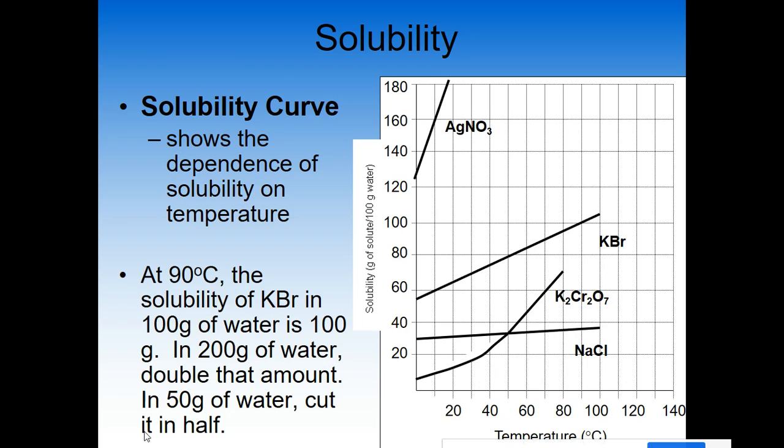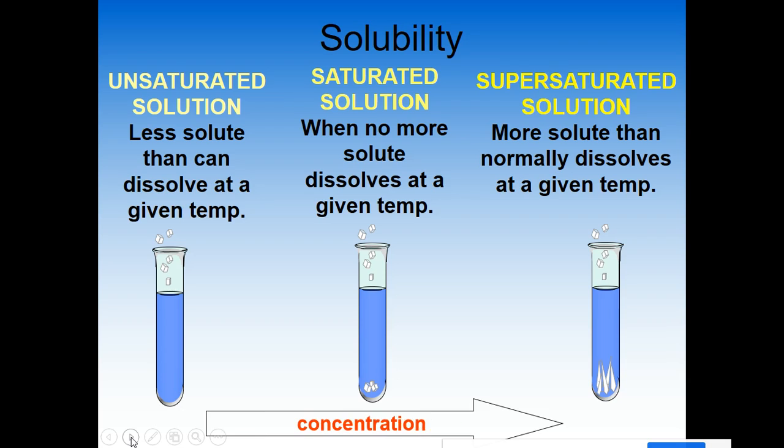Before we go over how to read solubility curves, I want to describe first three different types of solutions. When you're dissolving something, for example, if you're making sweet iced tea, when you start adding sugar to your iced tea, at the beginning, you're going to have an unsaturated solution.